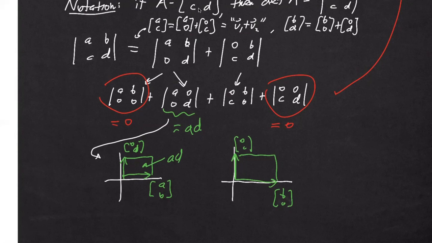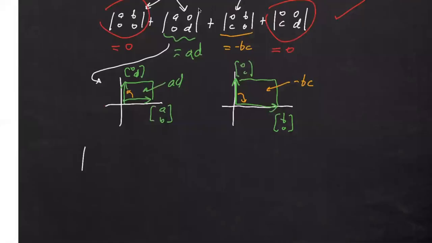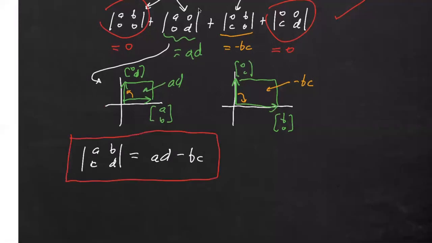Here, because 0C is first, we'd be going clockwise from 0C to B0. So this area is considered to be minus BC. So this ends up being negative BC. At the end of the day, the total determinant is AD plus negative BC. So just using those properties, we've derived the original formula that we had seen before. It's kind of nice that it falls out this way.